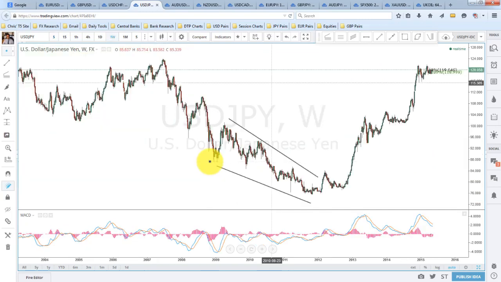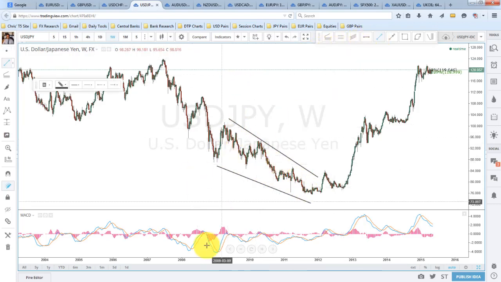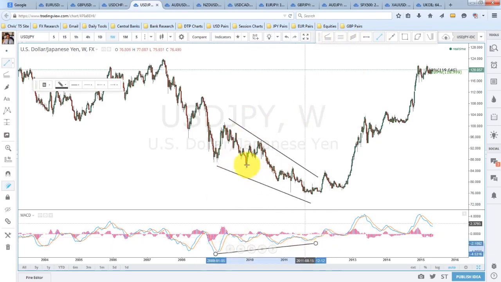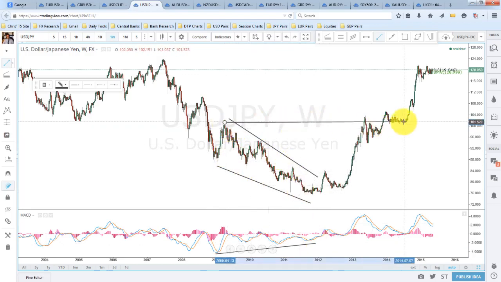Here is the weekly dollar yen. Okay, so a weekly chart. See the diagonal price action, the wedge or ending diagonal, and look at the momentum indicator. Look at our MACD. All the way through these lows, we're diverging. Price reversed, rallied, and where did we find resistance?